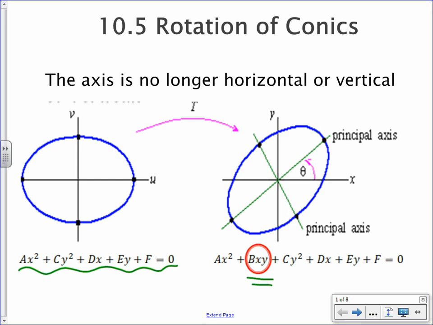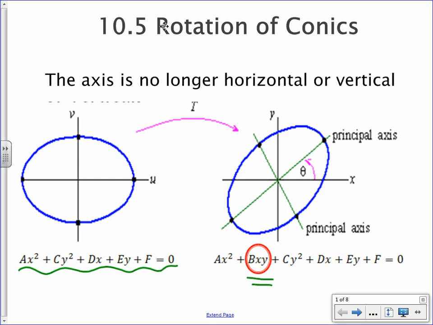Unfortunately, it is not as simple as looking to see if there's an x squared and a y squared to determine if it is a hyperbola versus ellipse versus parabola. When the xy term is thrown in there and it is a rotation, we have a different way of determining the type of conic we have.